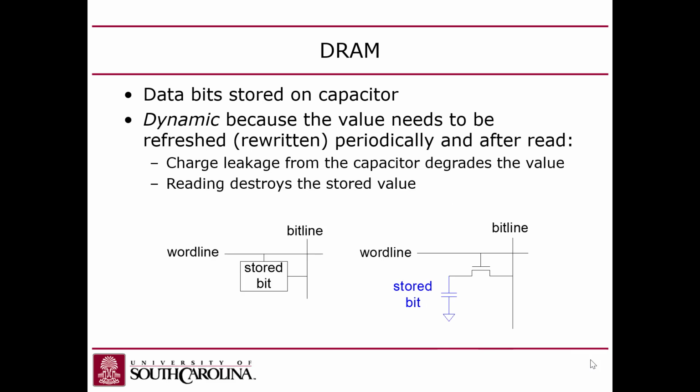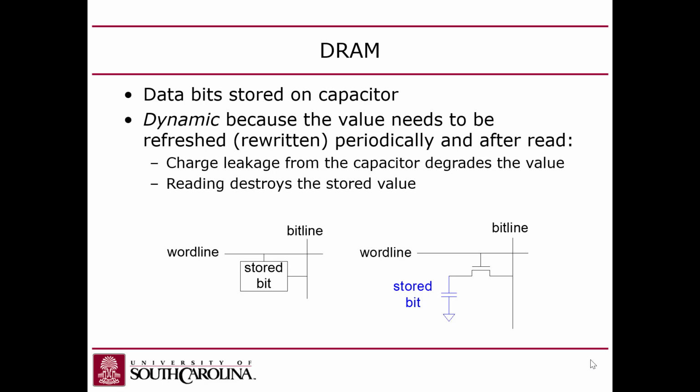So the way that works depends on whether you're talking about DRAM or SRAM, the two most common memory technologies. With DRAM, each bit is just one capacitor. So what that means is that when the word line comes on for a row, that capacitor is connected to the bit line through a single transistor that acts like a switch.